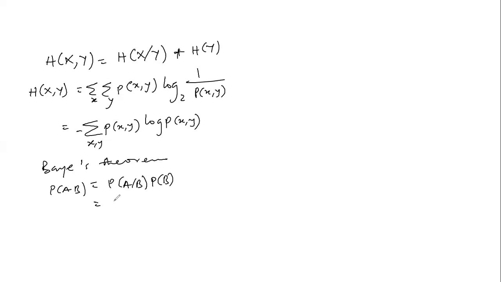That's the equivocation times this. And in this case, we have that p xy is the same as the conditional probability times p of y.